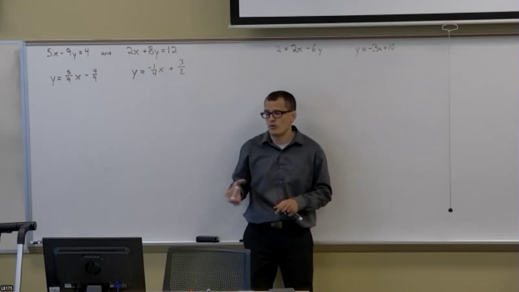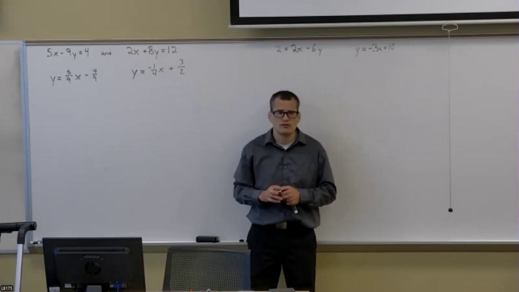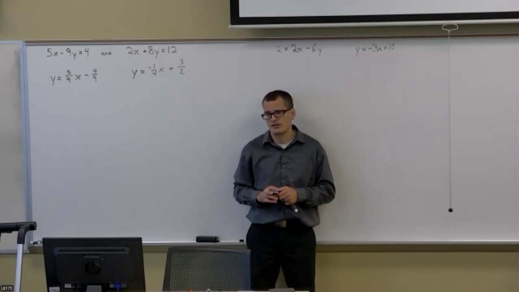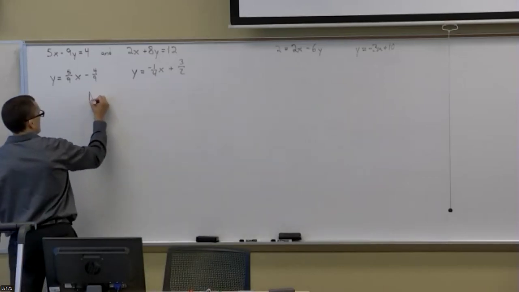Obviously, in this case, one of the coefficients on the x is 5 ninths. The other is negative 1/4. Those are not negative reciprocals of each other. Those are not the same things as each other. And so these two lines aren't even.